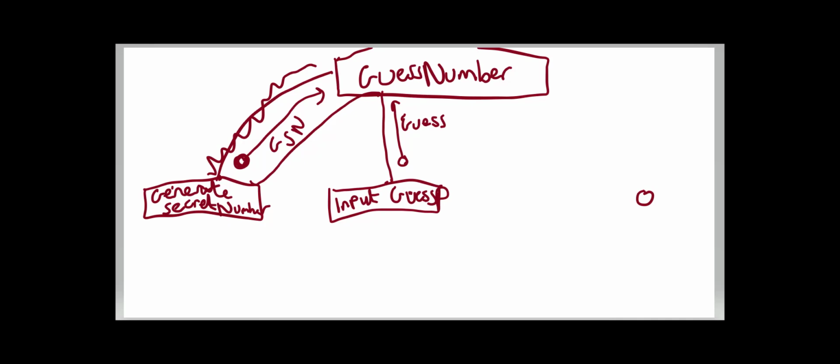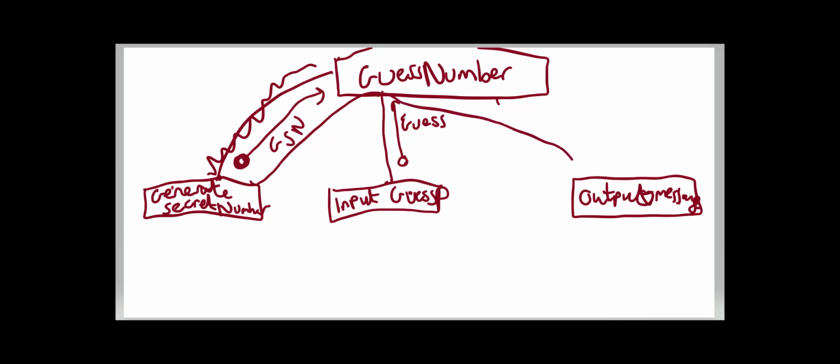So we've got two variables being fed in. Generate secret number, the guess, and now what we want to do is our output and our message. And to do that, we need to first of all pass, done these lines badly. I apologize. I've got a new stylus and it's driving me nuts at times.